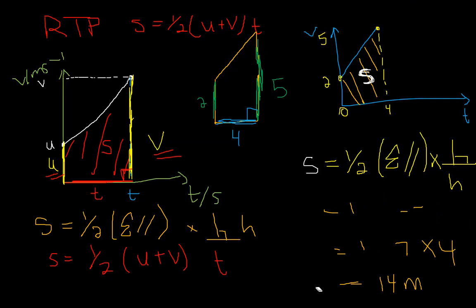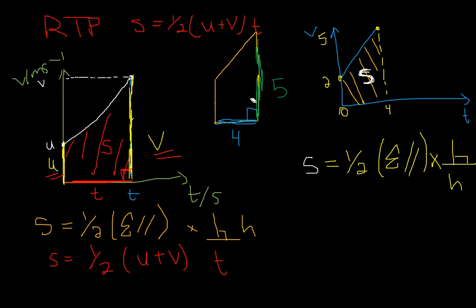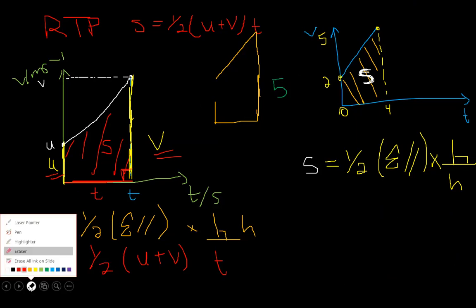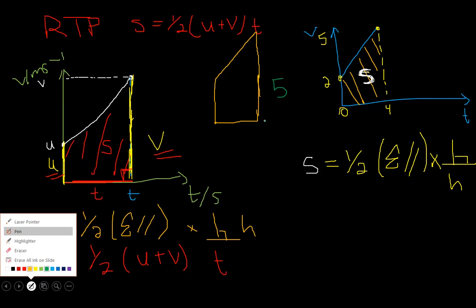Let me erase this part. If I consider the 5 my perpendicular height, so this right here, that length is my perpendicular height.